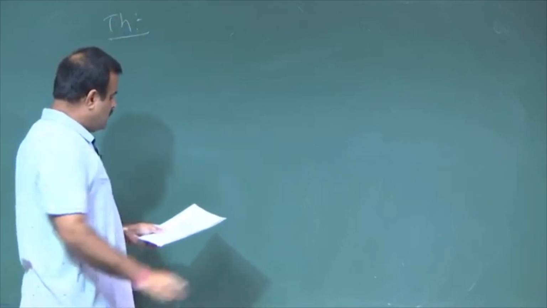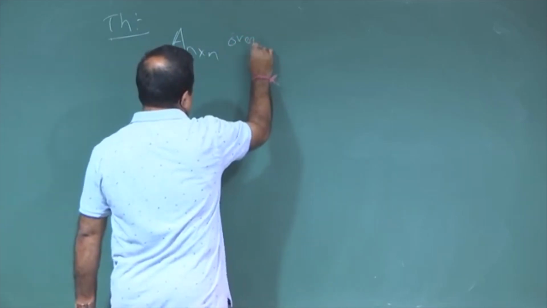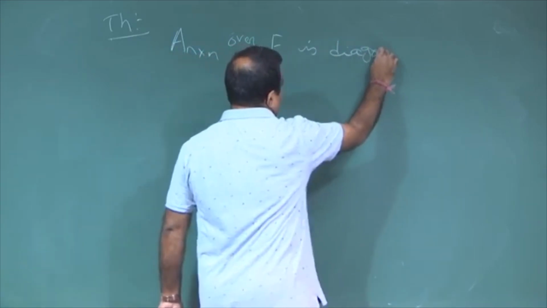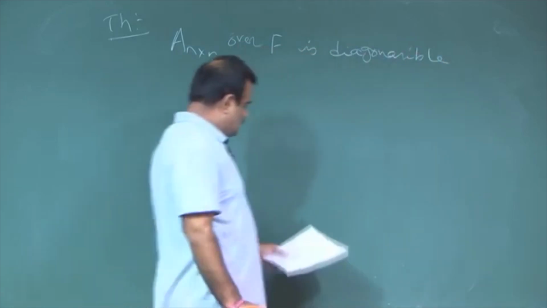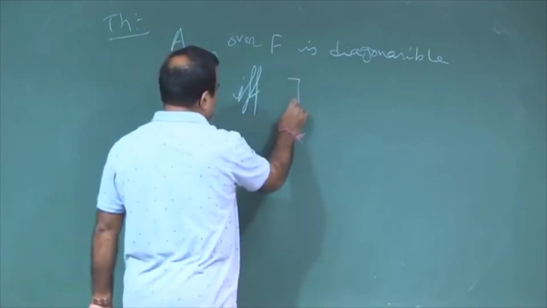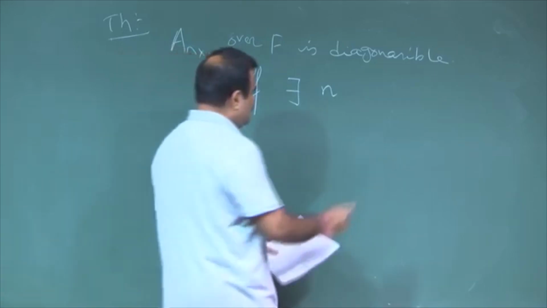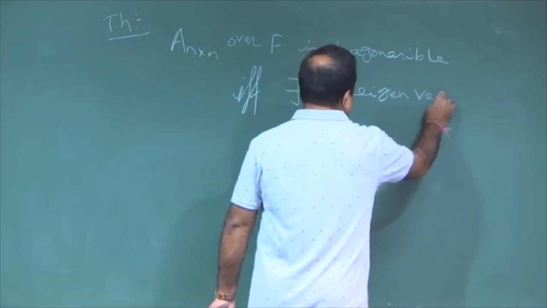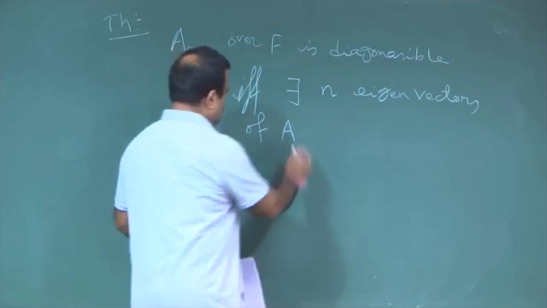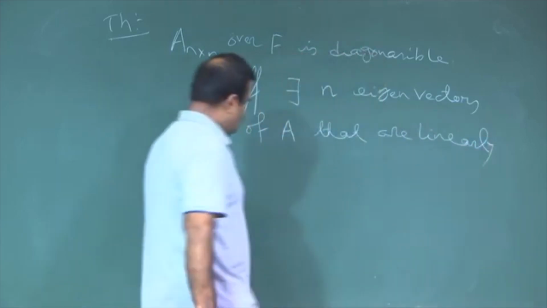A matrix A over a field F is diagonalizable if and only if there exist n eigenvectors of A that are linearly independent.